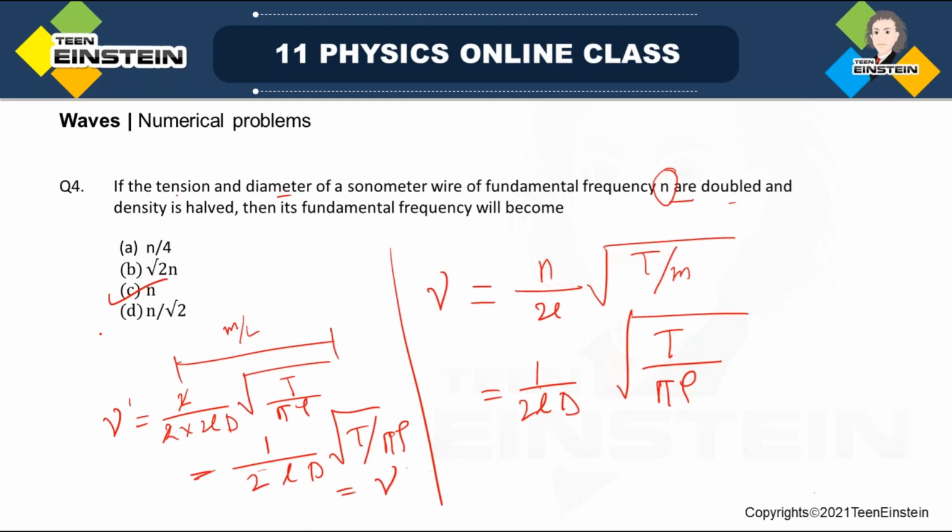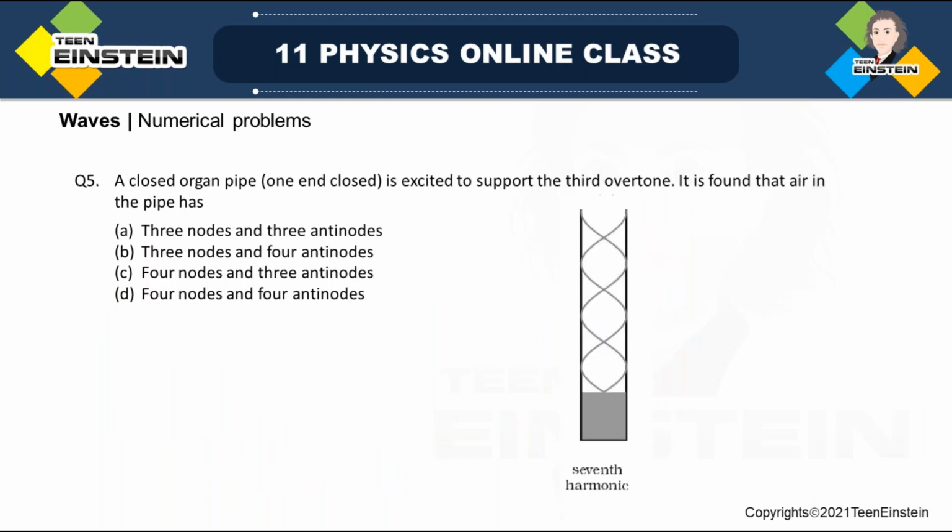I hope it is understandable. Now we'll go to the fifth question. This question is related to a closed organ pipe, that means one end is closed.